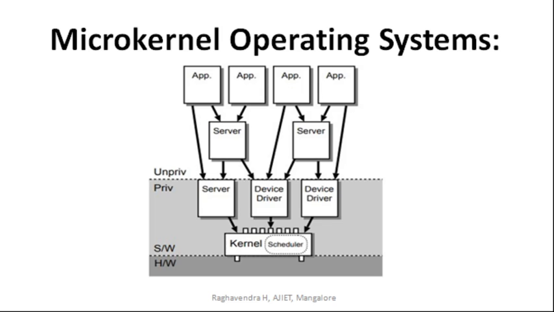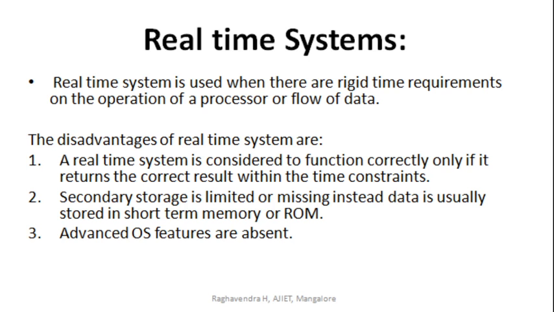So the next one is the real-time system. A real-time system is used when there is a rigid time requirement on the operation of a processor or flow of data.